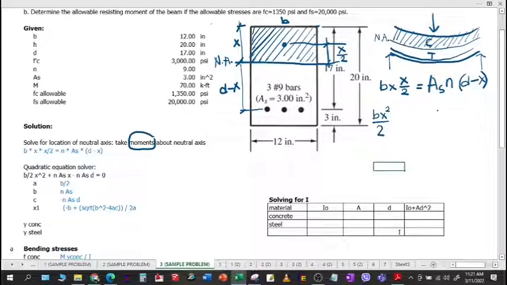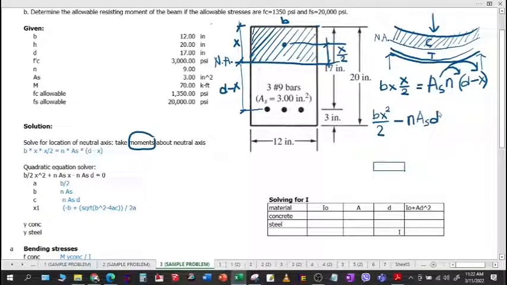And then we distribute the A_s n or nA_s here. We distribute, and then transfer to the other side. So this one is positive A_s n times d, so that will become negative. So I will just rearrange n A_s d.